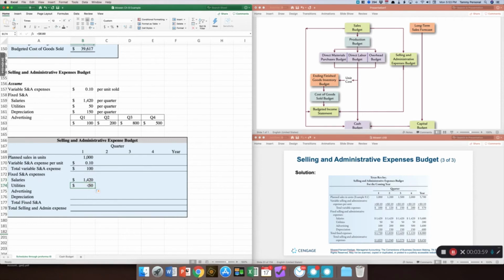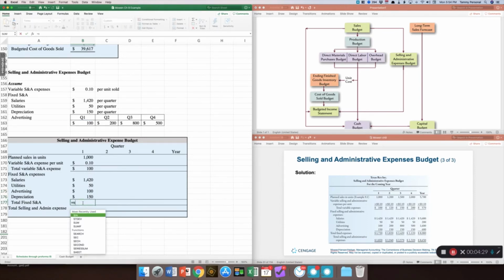That's going to pick up that $50, and it's going to move the cell reference down one row. Depreciation, I have to pick that up from there. We're going to make that an absolute on the column. And then advertising, I can pick those up and just allow the cell reference to move. I don't have to make that an absolute cell reference.